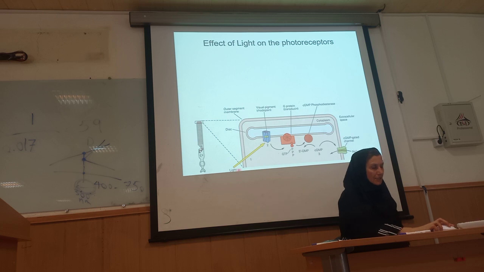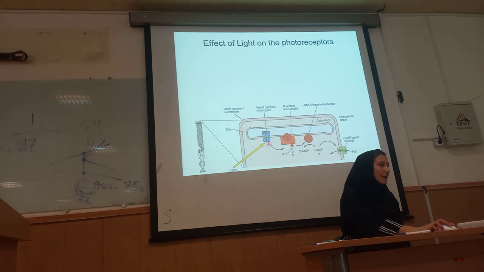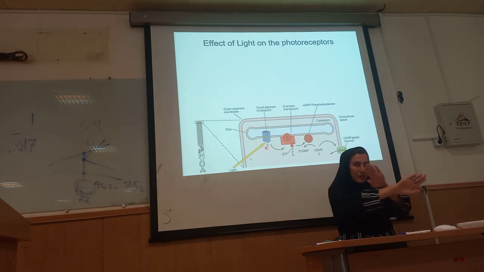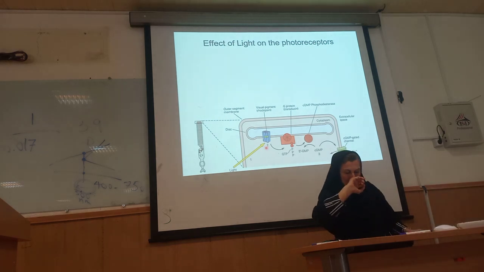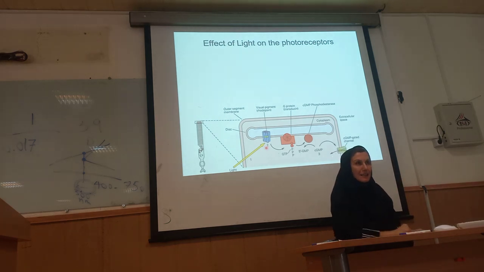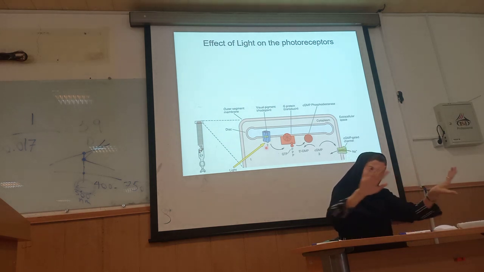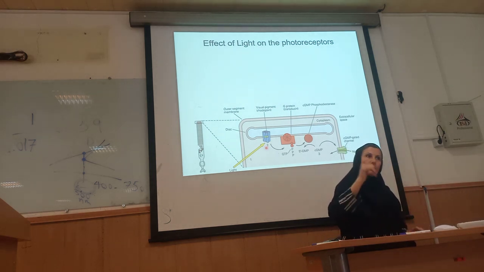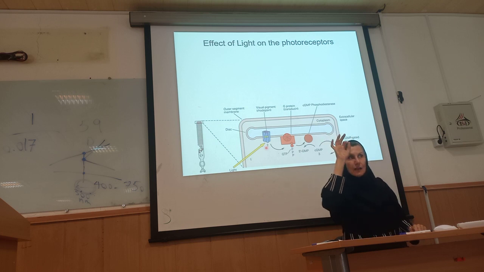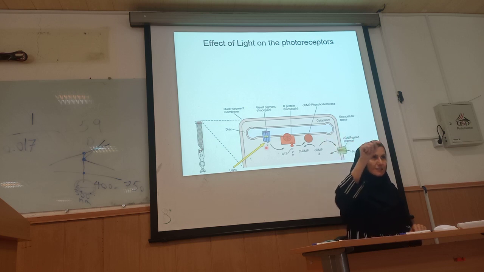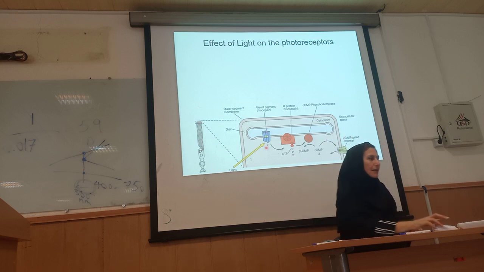For example, here the light reached the outer segment, and the visual pigment rhodopsin separates from the retinal part because of what? The retinal part and opsin separate from each other because of the change from 11-cis to all-trans retinal.